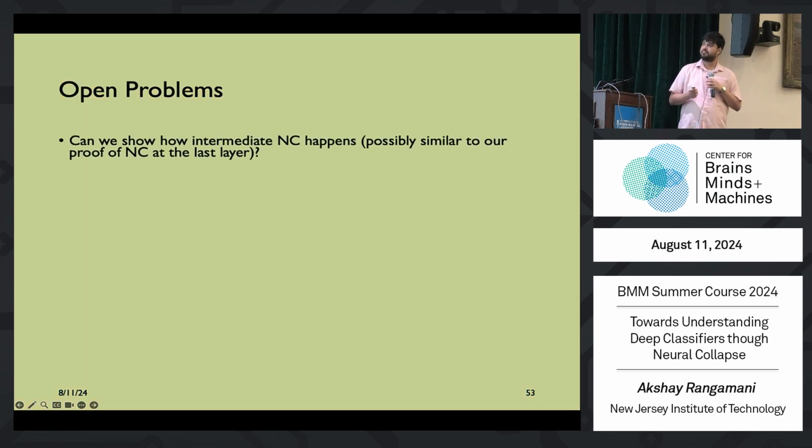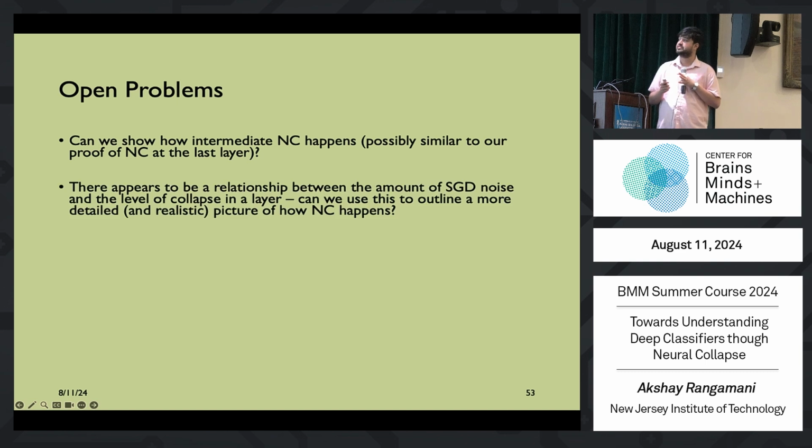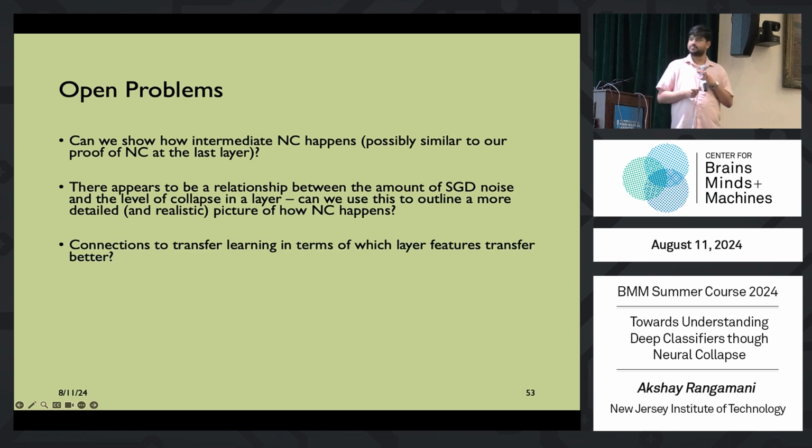Okay, so open problems. I showed you a proof for the top layer. Can you show how intermediate neural collapse happens? Haven't shown that yet. And again, the proof that we showed for neural collapse was for perfect convergence. It would be nice to get a relationship between the number of iterations that you run SGD for and the level of collapse that happens.